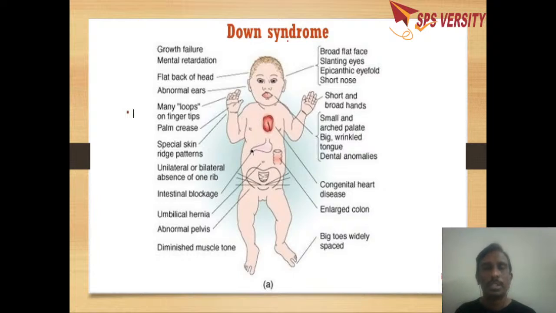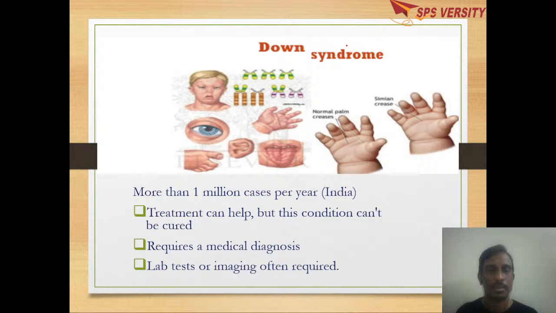These all are symptoms of Down syndrome. Syndrome means it is not just one symptom, but a group of symptoms. Treatment requires a medical diagnosis, lab test and imaging. And in India, there are more than 1 million cases per year.